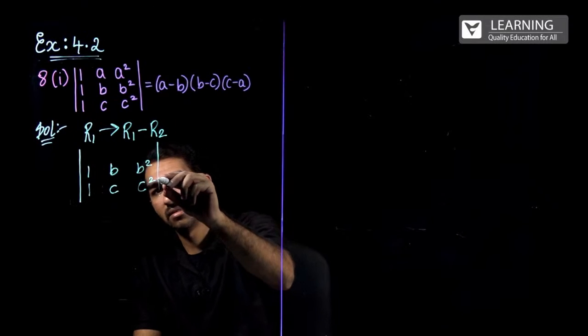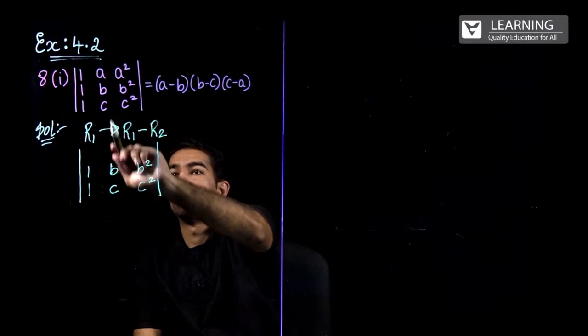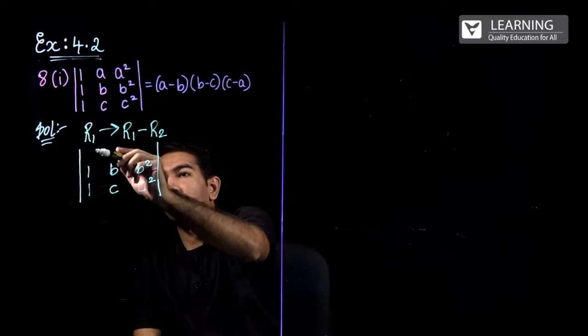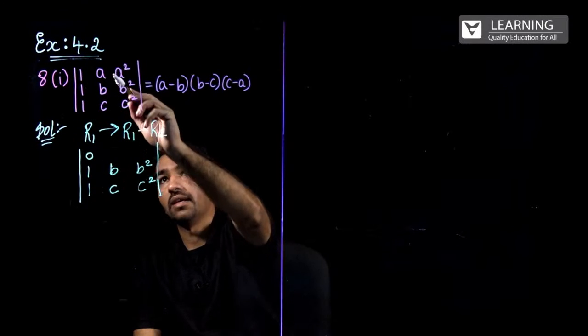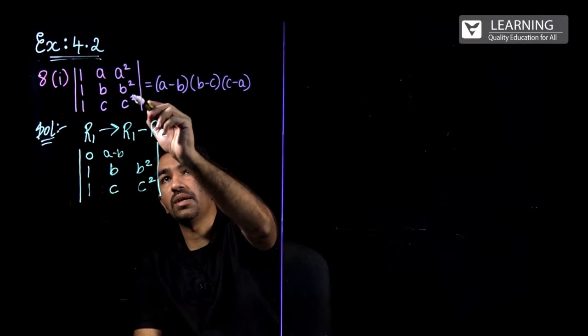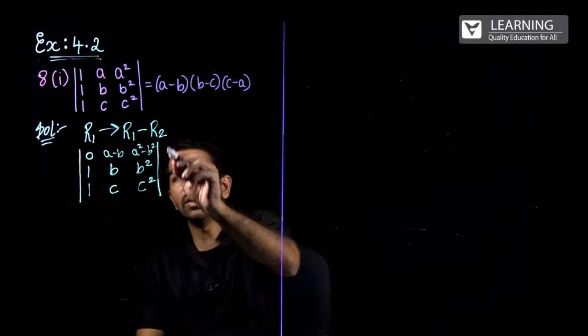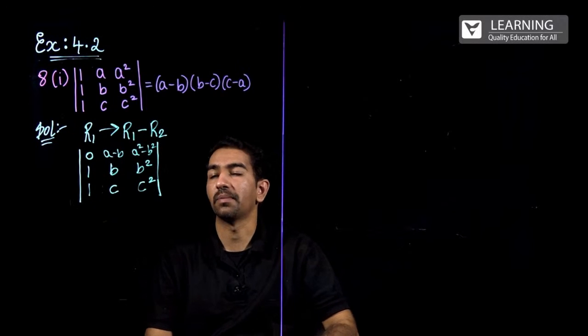Close the bracket. Now R1 minus R2, 1 minus 1, 0. a minus b only, correct? a square minus b square, write it as it is. Now why did we do R1 minus R2? You will understand in the next step.